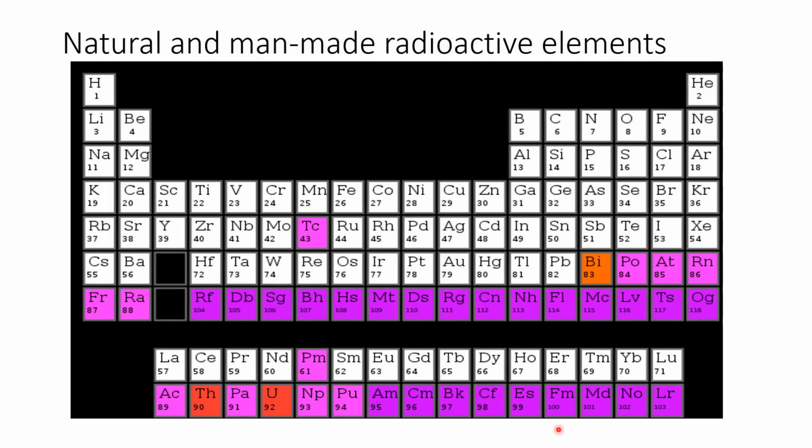Please appreciate that in the course of our discussion, we will be repeatedly referring to some of the important elements that we use in nuclear reactions, particularly the heavy ones: uranium with atomic number 92, thorium with atomic number 90, plutonium with atomic number 94, bismuth and lead with atomic numbers 83 and 82.